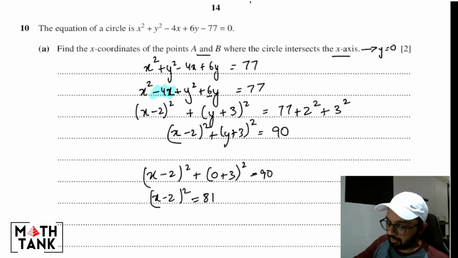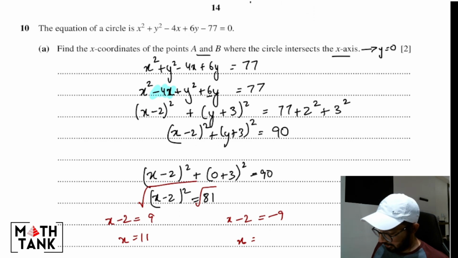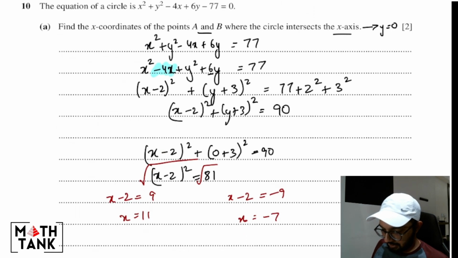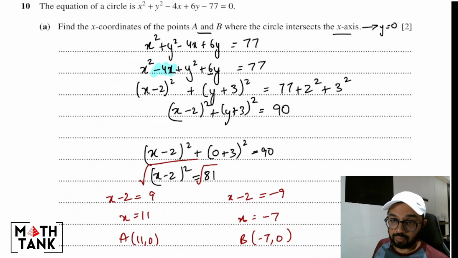I can now quickly get through the question by taking the root on both sides, saying that one of these becomes 9 and the other becomes minus 9. So I get 11 and minus 7. So one of these is A, the other is B. They both have the y coordinate 0, because that's how I found out those coordinates.